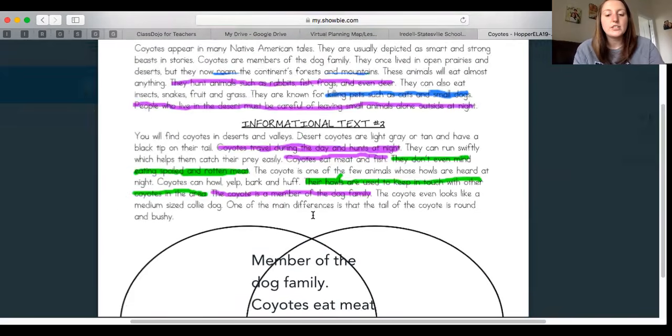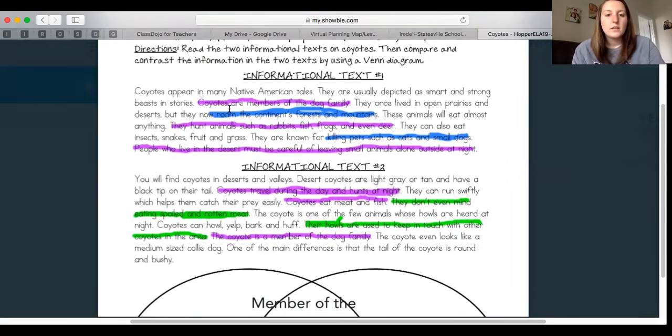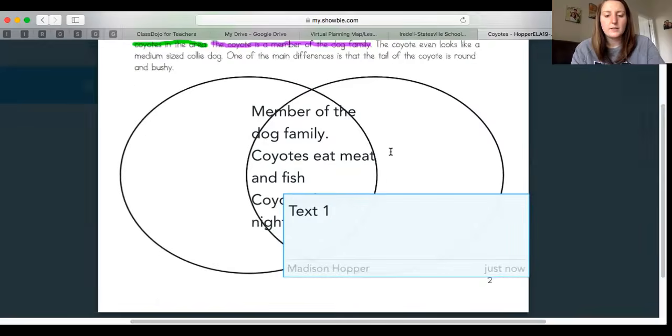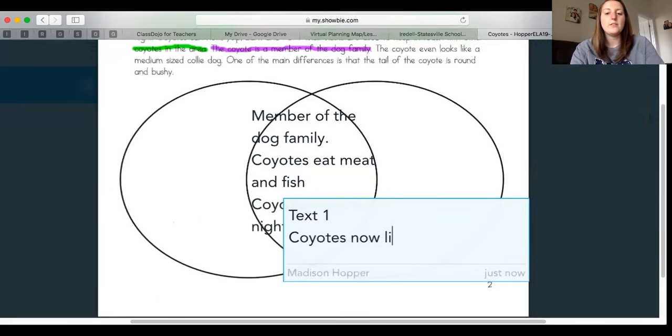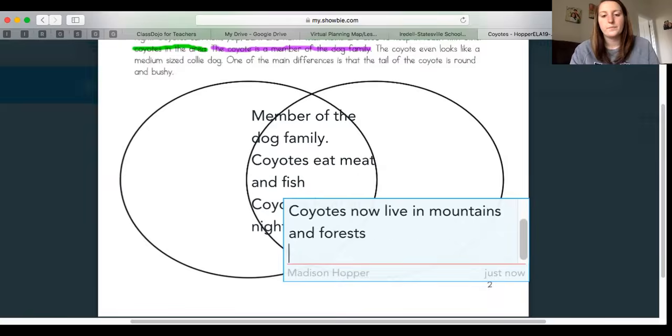Okay, so in the first text, text 1, we highlighted that in blue. So the first text told us that they now live in mountains and forests. Coyotes now live in mountains and forests.